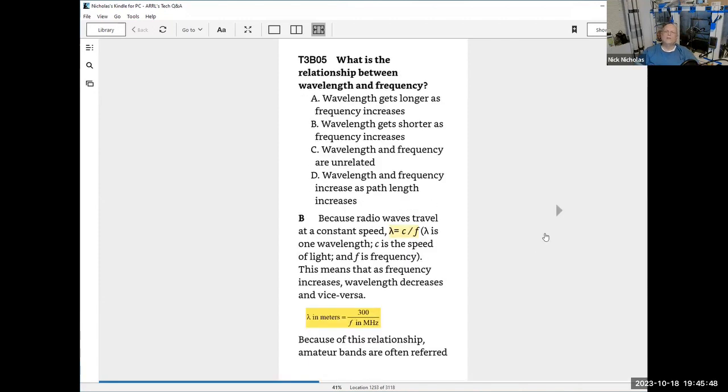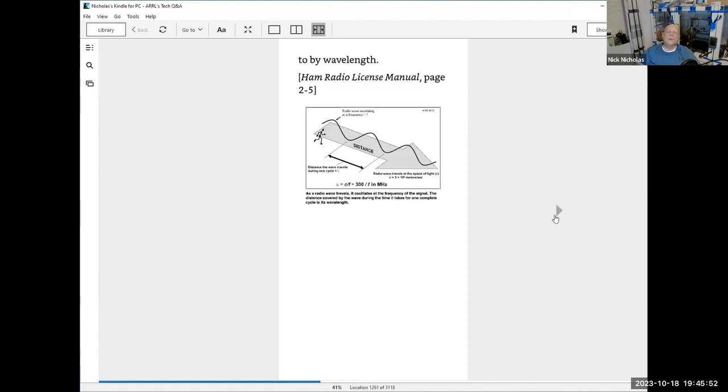What is the relationship between wavelength? We already just covered this. It didn't give me a new screen. Here we go, and it's showing you this really cool drawing. Let's see if I can enlarge it. There it is.